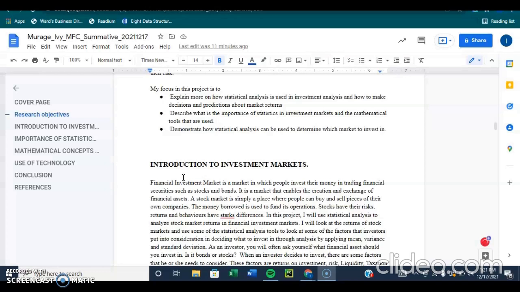The stock market, which was the financial asset that I looked at, is simply a place where owners of a company exchange their shares for cash with other people who want a share of the company that they own. It is a market that enables creation and exchange of financial assets. As I said, those assets include stocks, company shares, and bonds.